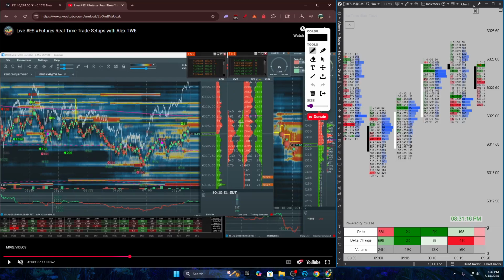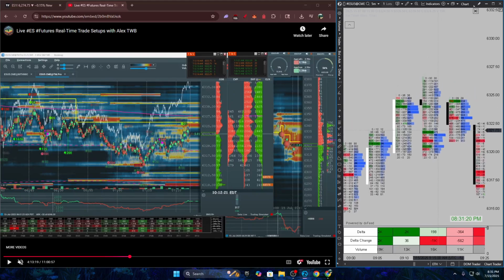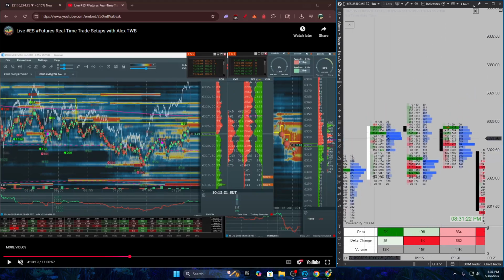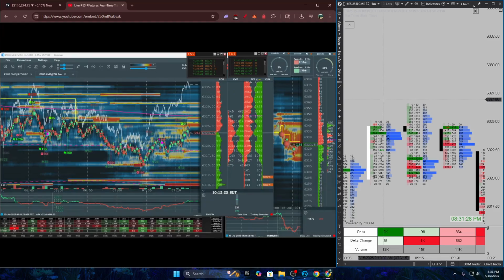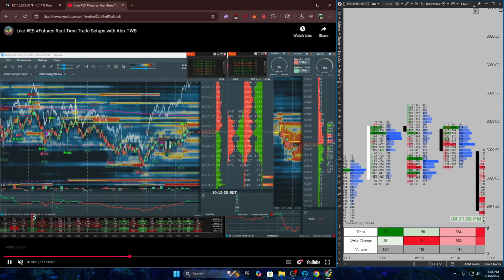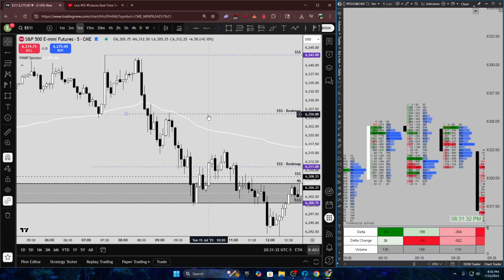But here we're seeing 126 passive sellers, and we potentially see buyer absorption there. Hard to completely tell, but we do get into that level a little bit. And it's at 6325. 6325. And we do wick it.